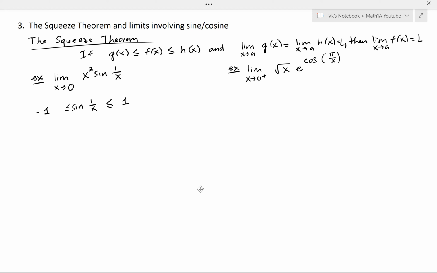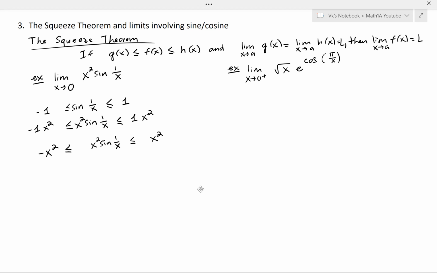Therefore, we can multiply by x squared. So -1 times x squared is less than or equal to x squared sine of 1 over x, which is less than or equal to 1 times x squared. We have minus x squared less than or equal to x squared sine 1 over x less than or equal to x squared.